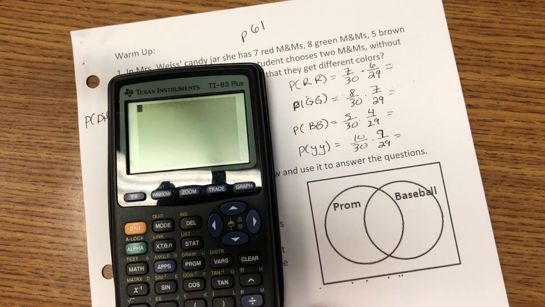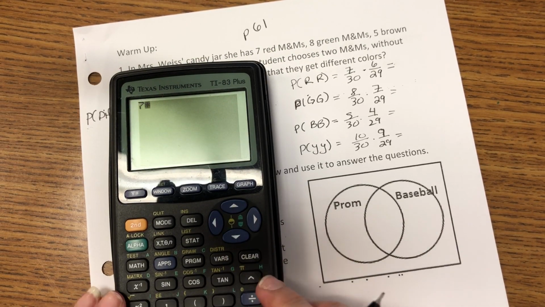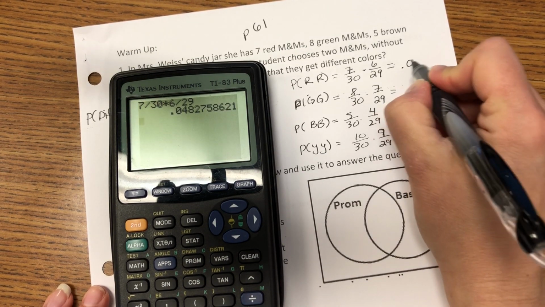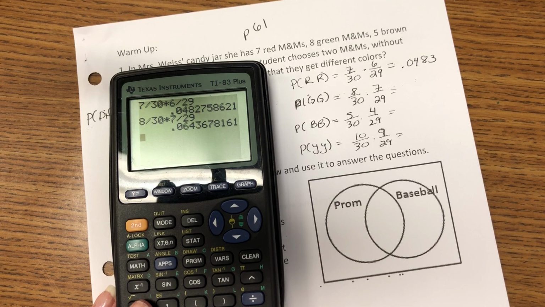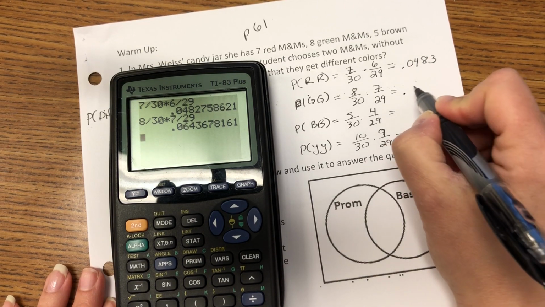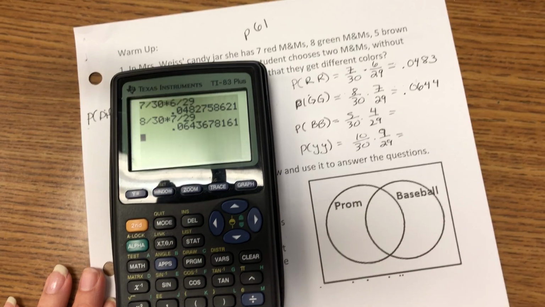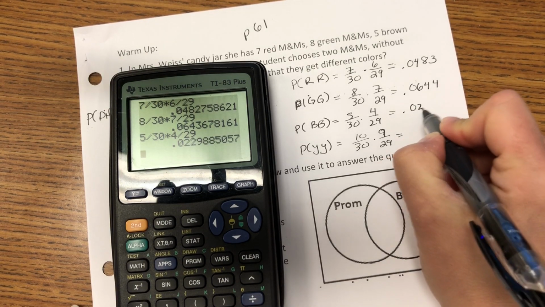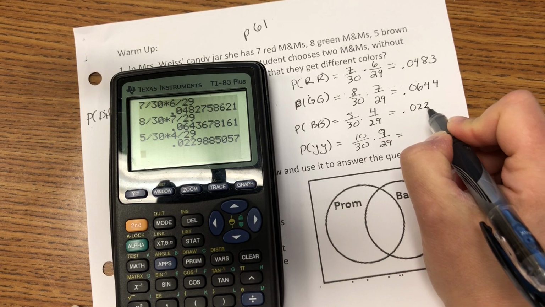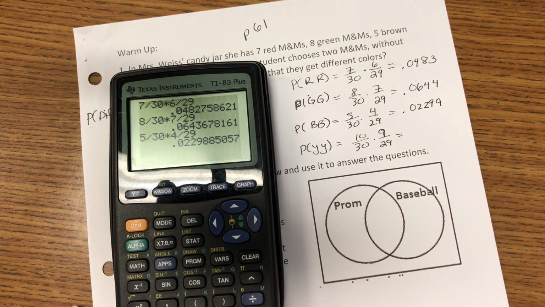Okay, so let's calculate these. 7 out of 30 times 6 out of 29 is 0.0483. 8 out of 30 times 7 out of 29 is 0.644. 5 out of 30 times 4 out of 29 is 0.220. The more decimal places the better, because we're not at our final answer yet.